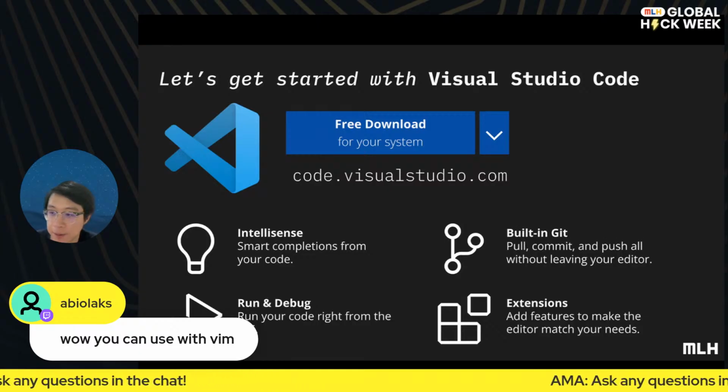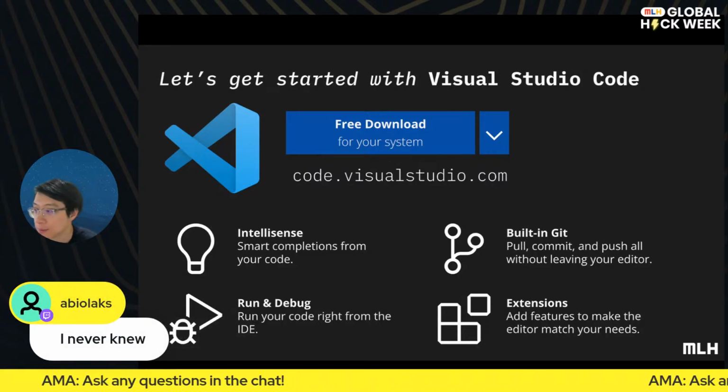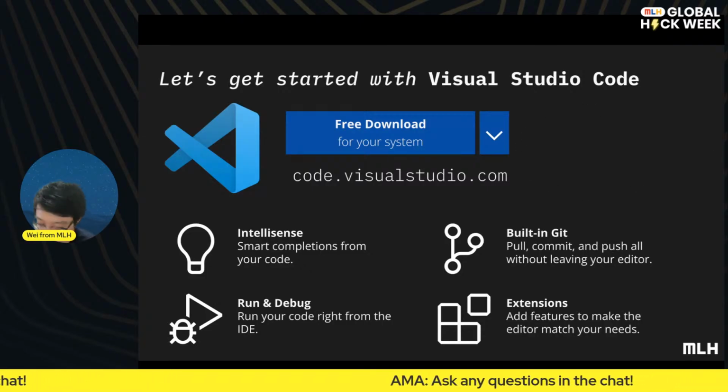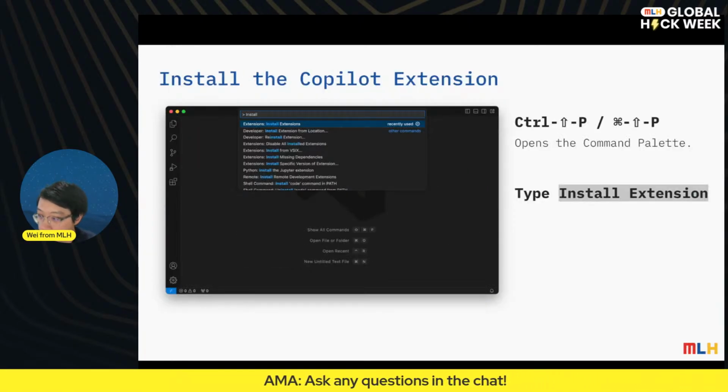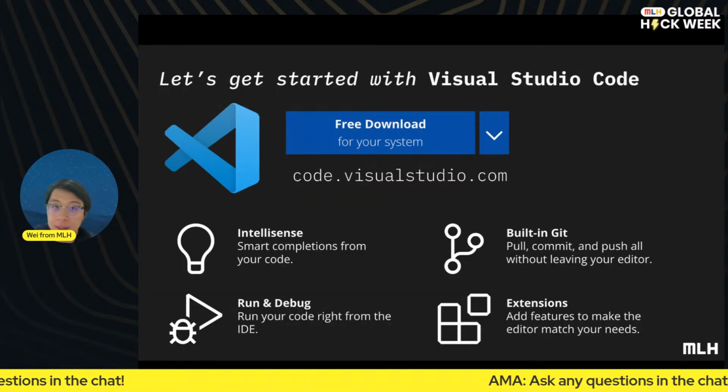It is very popular. One of my great friends actually uses NeoVim as well with GitHub Copilot, and it works amazingly. So definitely check them out if you are a Vim user. Now, I assume everybody has VS Code installed. Do let me know if you need a little bit more time.